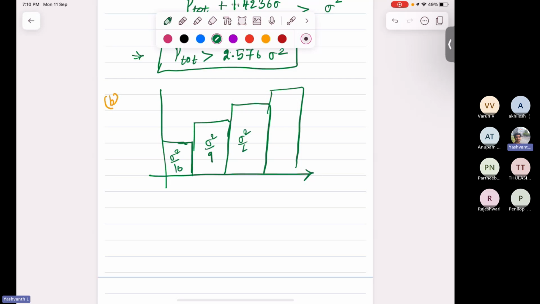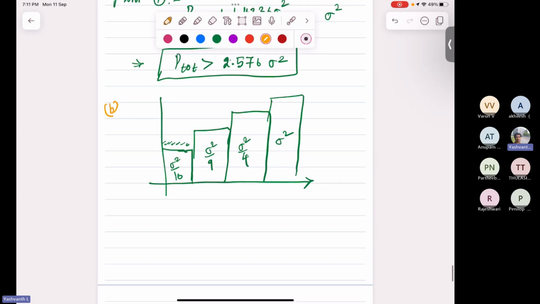Exactly, because if I pour water it will start to fill this one naturally. And I'm saying that only that should get power. That means I should not pour more water so that this will also get power. I should pour only as much water as needed to just fill this particular height. Correct or not? Yes, that's what I'm going to use now.